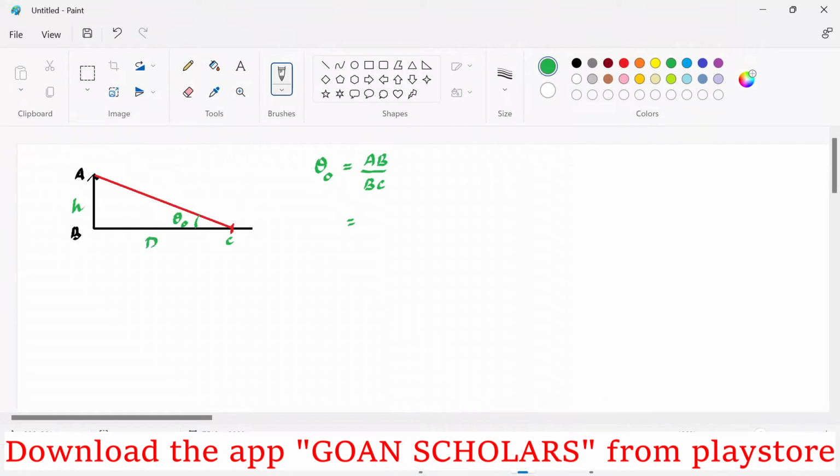If it is placed at the least distance of distinct vision. So let's say the object height is h, and this BC is the least distance of distinct vision D, so theta naught is h by D. This is the angle made by the object on the eye without any optical instrument.